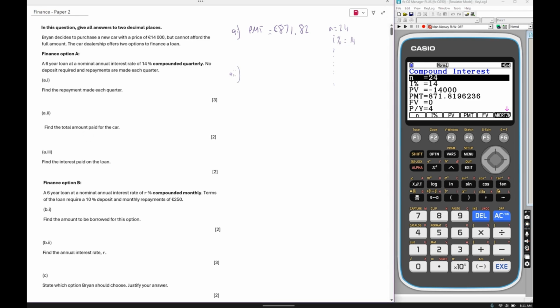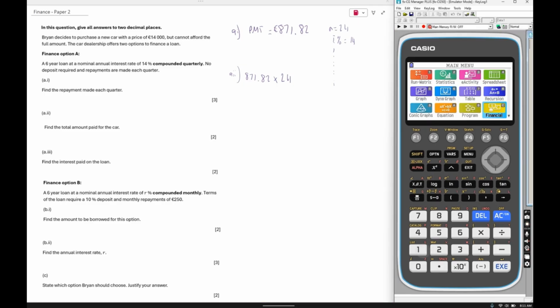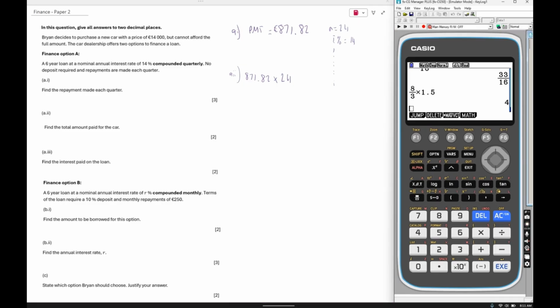For A(ii), if the payment is 871.82 and he is making 24 payments, remember it is 6 years and he's making repayments each quarter, so 6 times 4 is 24. So we're going to have each payment, 871.82, times that by 24. And let's see what we get.